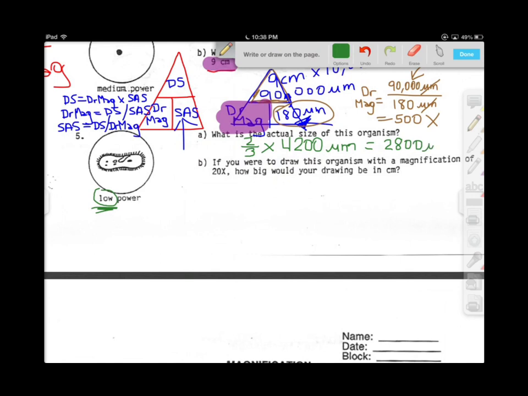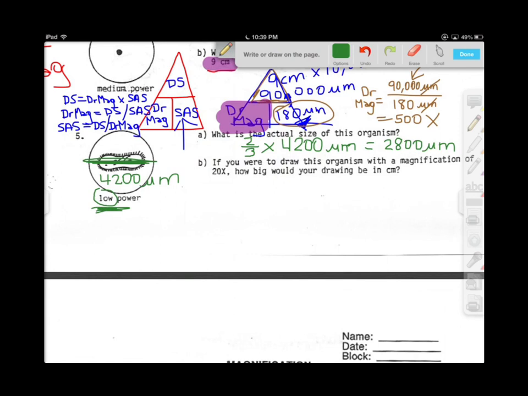It's pretty big. He's stretching across low power. Low power is pretty well the widest, right? It should be 4,200 micrometers across. He's taking up 2/3 of 4,200 micrometers. That's quite a bit. Pretty big. 2.8 millimeters to be exact, if you divide by 1,000.